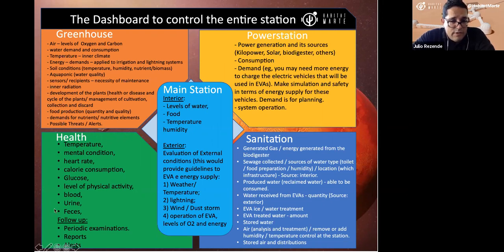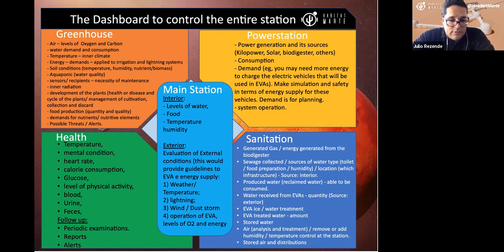Related to health, it's important that we know about the mental condition, the heart rate, and some health data from the astronauts. We will also be connected to the health center to know about the periodic examinations of astronauts, and also reports of alerts.